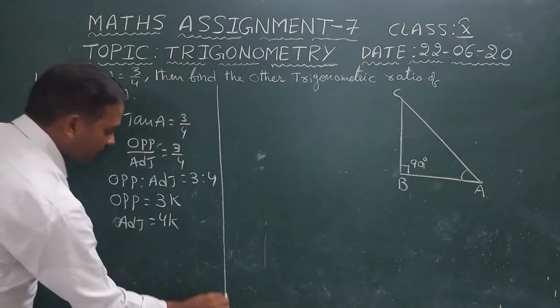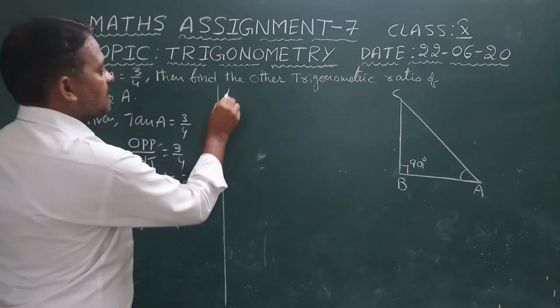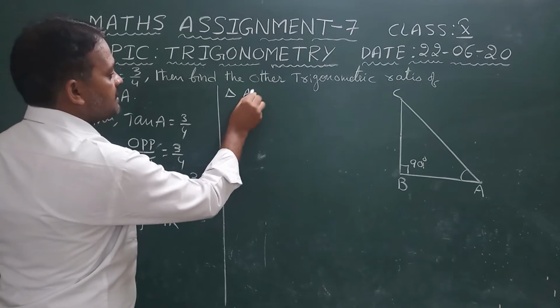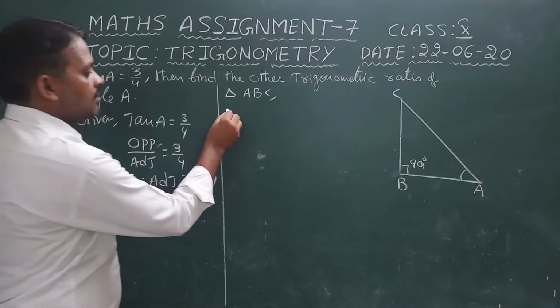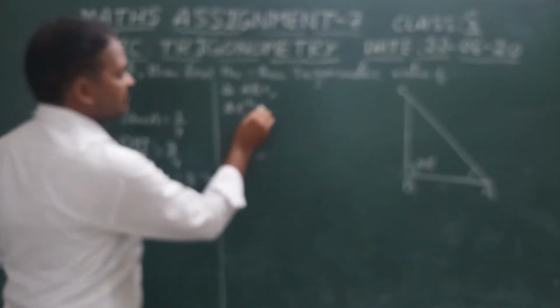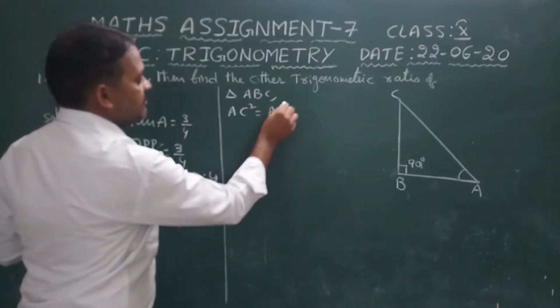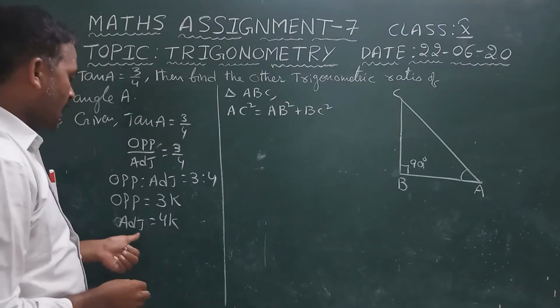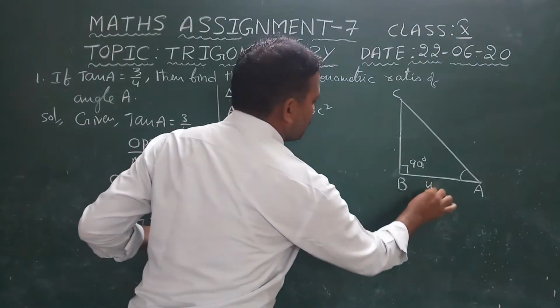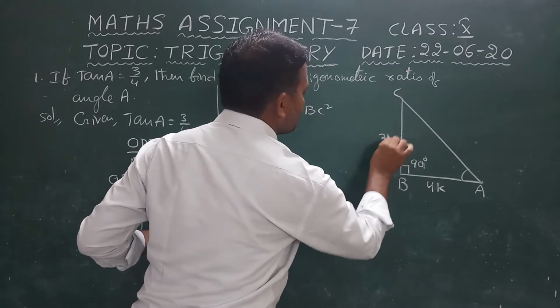Now consider the triangle ABC. Applying the Pythagorean formula, AC square is equal to AB square plus BC square. Adjacent side is 4k and opposite side is 3k.